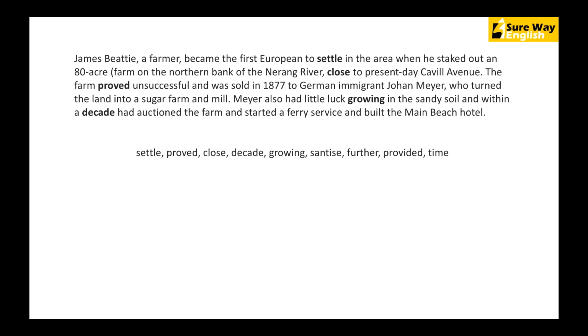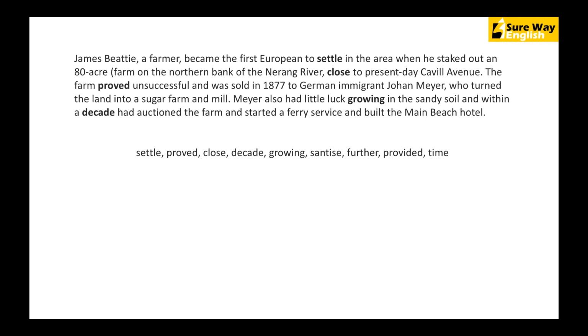So, James Beatty, a farmer, became the first European to blank in the area. Following the same technique which we discussed in the earlier section, what can a European basically do in the area? What word can you put in there?